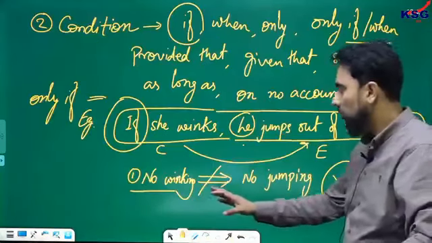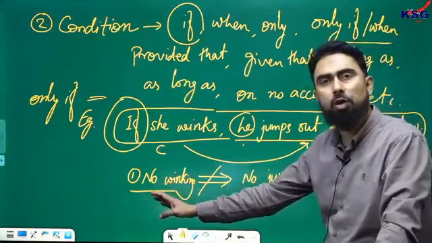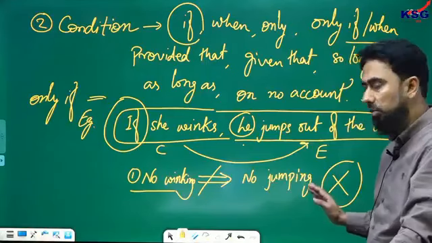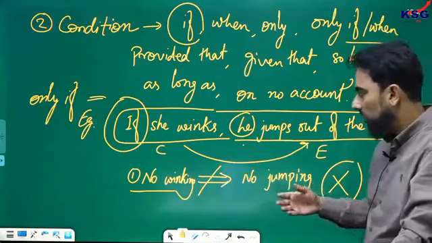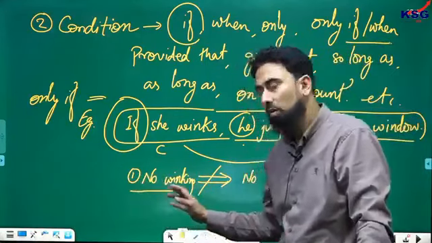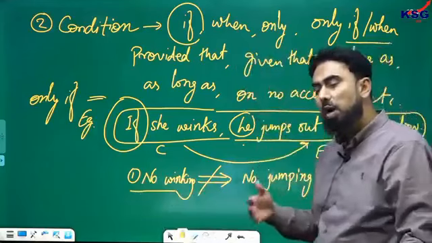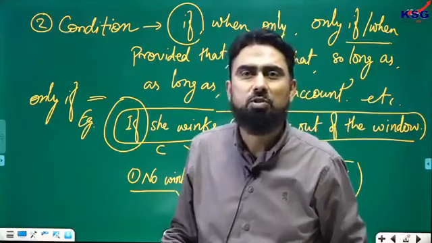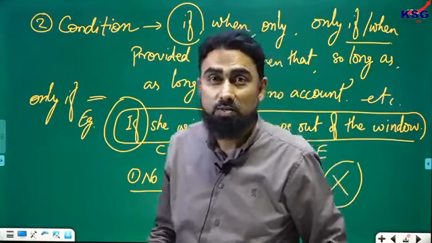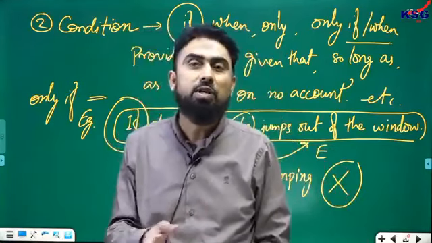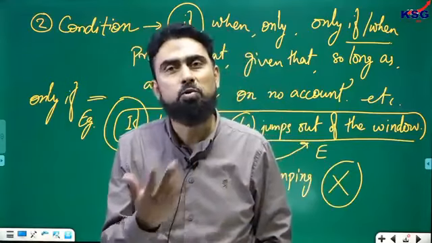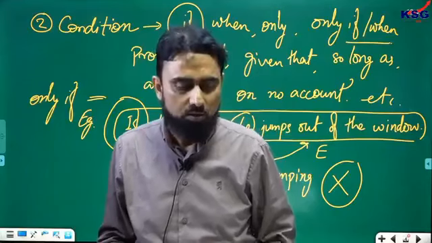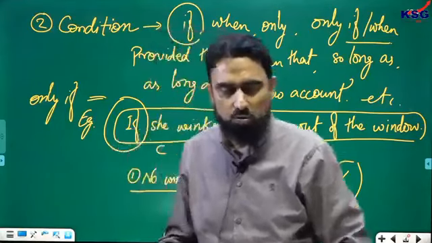Suppose you are told that she did not wink, and the conclusion written is that he might not have jumped. Since it talks about a possibility, you can consider that correct. However, if it is written that he must not have jumped, that will be incorrect because you don't have data. There's only a possibility, right? So I hope it is clear to all of you.